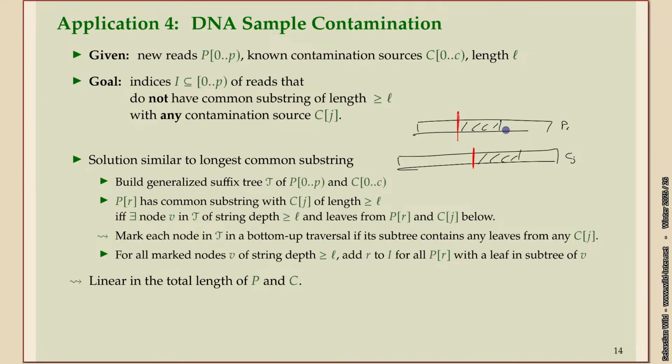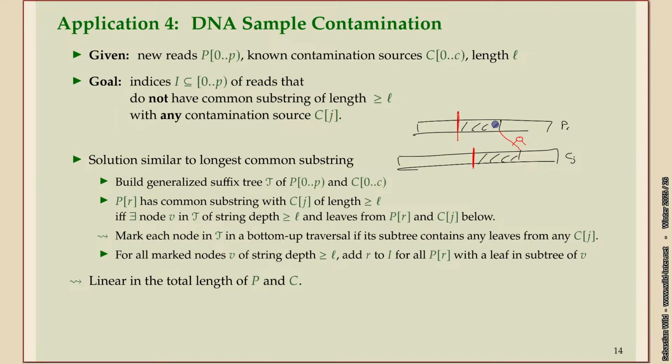So they're the same up to a point and then they split. So these two points here correspond to an internal node in the suffix tree where they branch off.